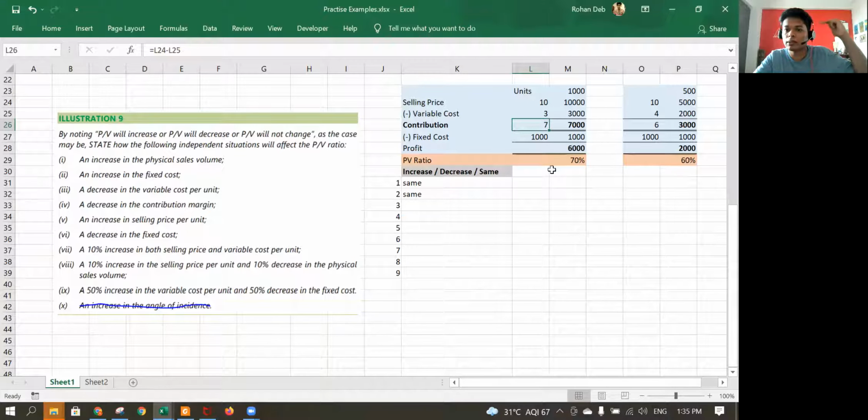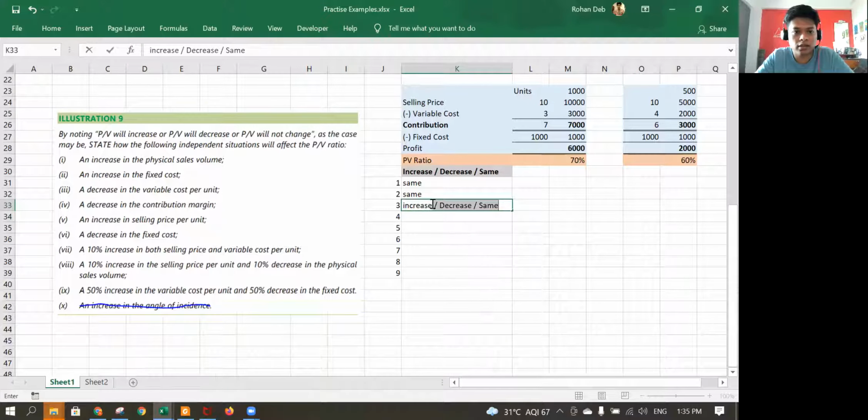What is the numerator? Numerator is contribution, denominator is selling price. If the numerator increases, PV ratio will increase. If the denominator increases, PV ratio will decrease. So here my variable cost is decreasing, my contribution is increasing, so PV ratio increases. I know you on the other side of the screen are saying, okay Rohan, understood, move ahead.